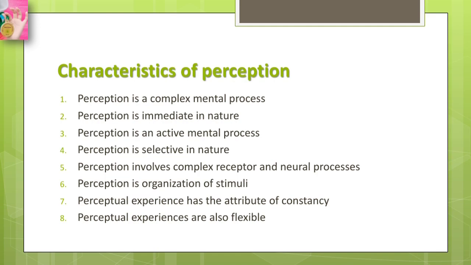Similarly, if a person is seen from a distance of 5 feet and again from a distance of 15 or 20 feet, the perceptual experience of the person will be unchanged or invariant. If perceptual constancy did not operate, there would be chaos and confusion for all of us, because the same object would appear different each time we look at it. So this constancy is found in shape, size, brightness, color, and location.